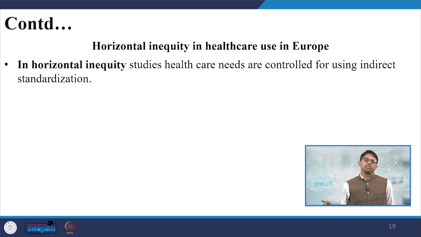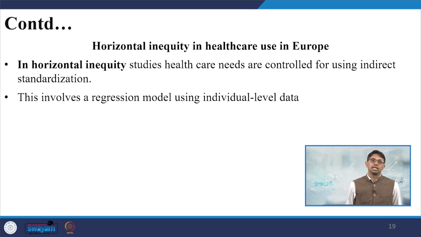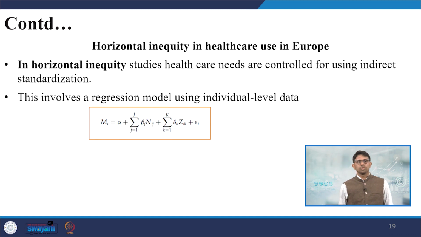So, we are just presenting one case of Europe based on the figures of horizontal inequity in healthcare. In horizontal inequity studies, healthcare needs are controlled for using indirect standardization. This involves a regression model using individual level data.